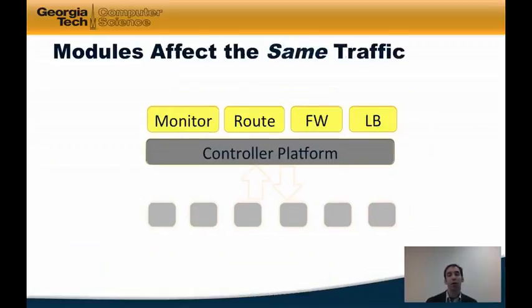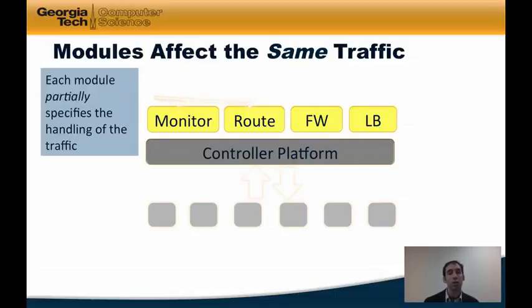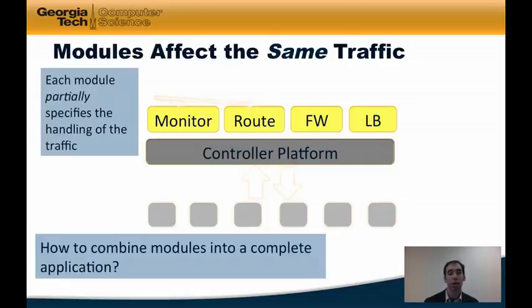However, in a control program such as the one that we are talking about, different modules affect the same traffic. For example, the same traffic that's being monitored is also subjected to the routing, firewalling, and load balancing policies. So each of these modules partially specifies how to handle traffic, and yet these modules need to be combined somehow into a single complete control application that correctly implements the network operator's intended policy.